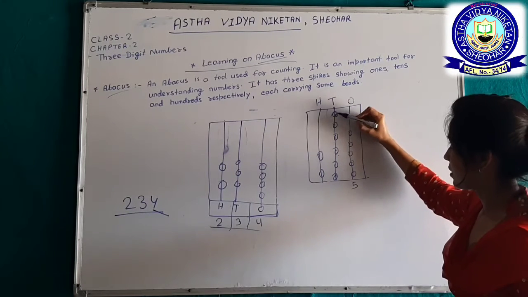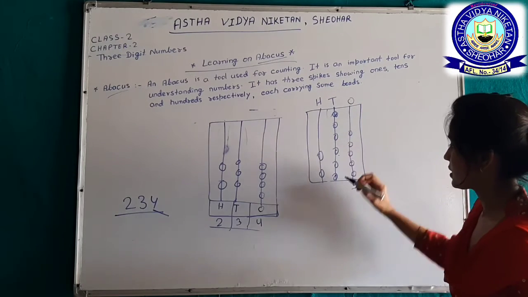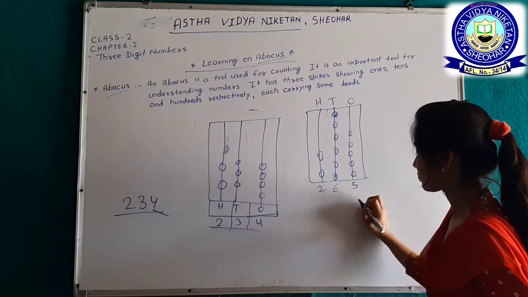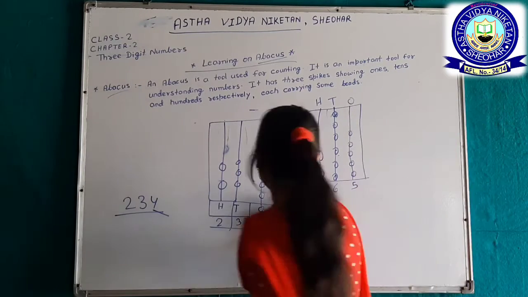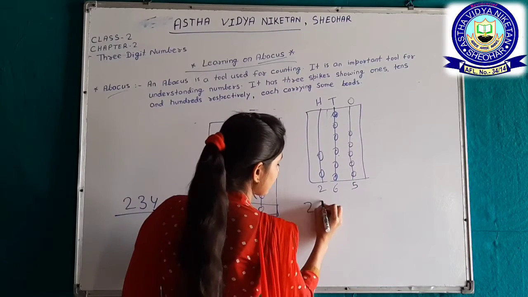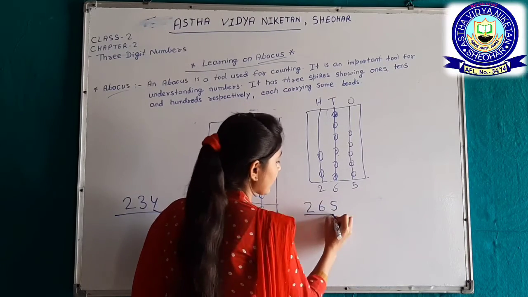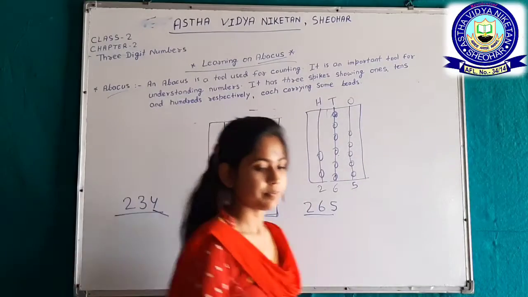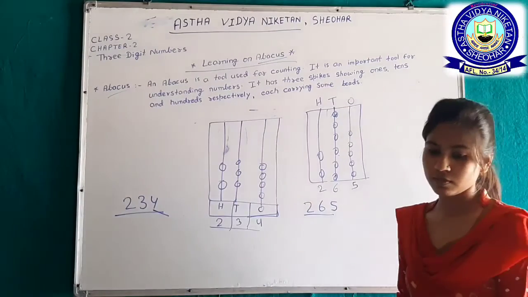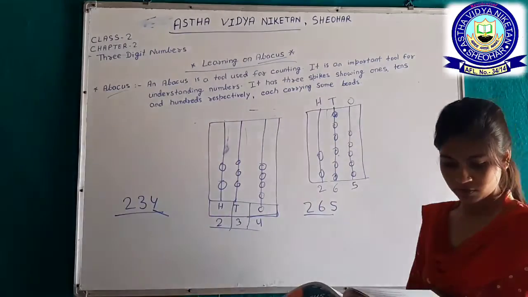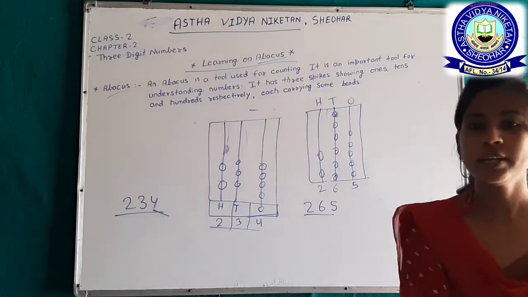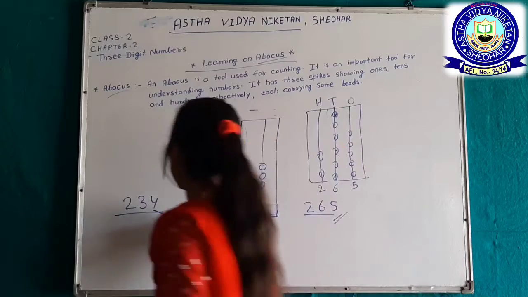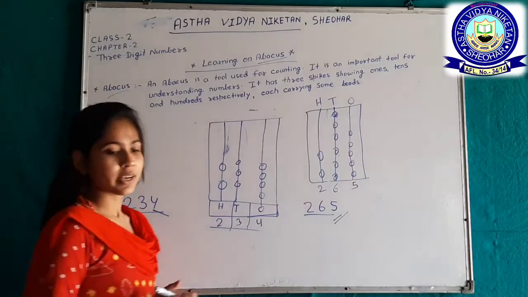In tens, there are 1, 2, 3, 4, 5 and 6 beads. And in hundred, there are 2 beads. So you can write it 264. We can write 265 with the help of this abacus. We can read any number with the help of this abacus. That's all about your abacus.